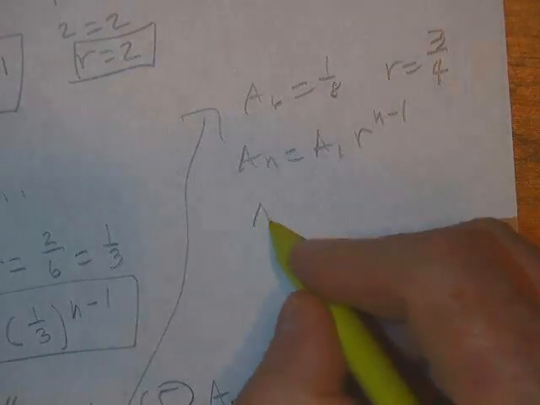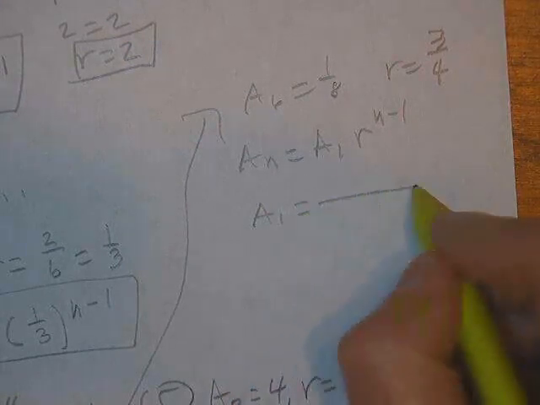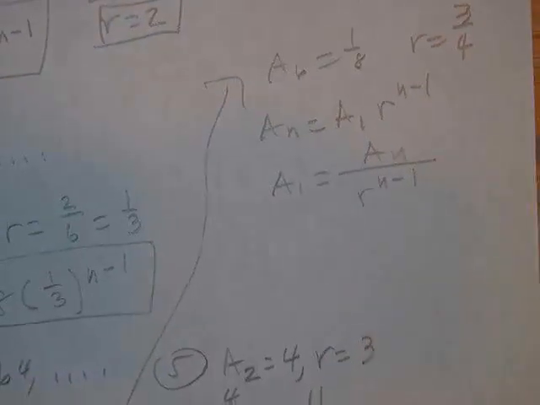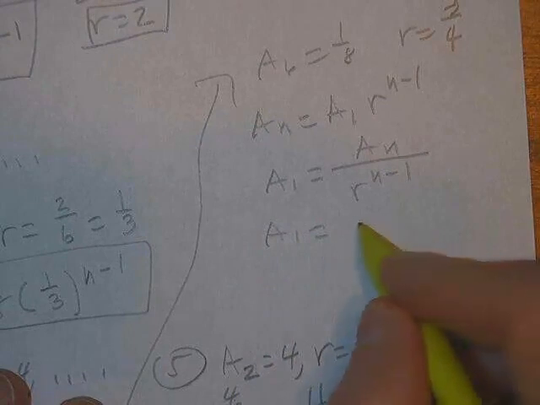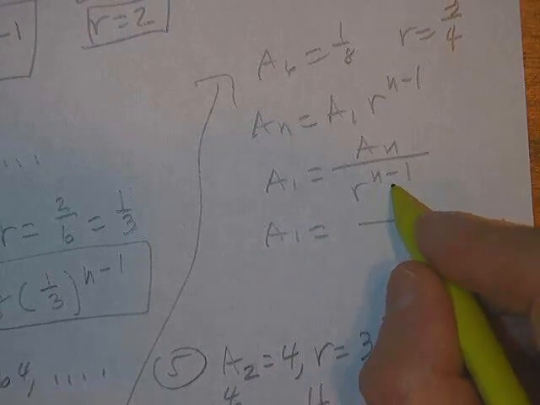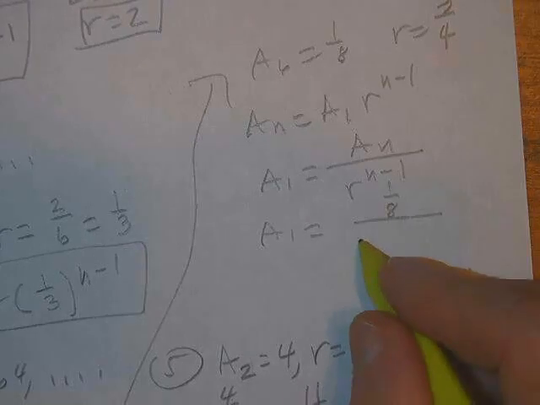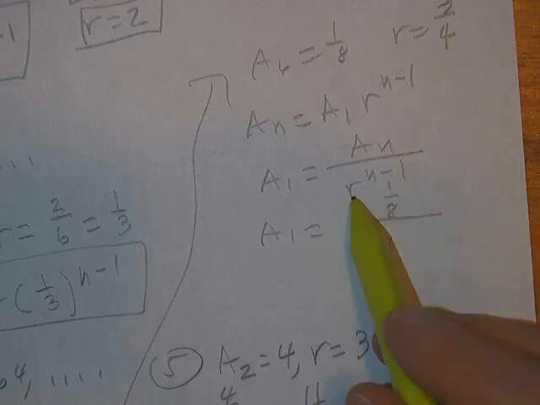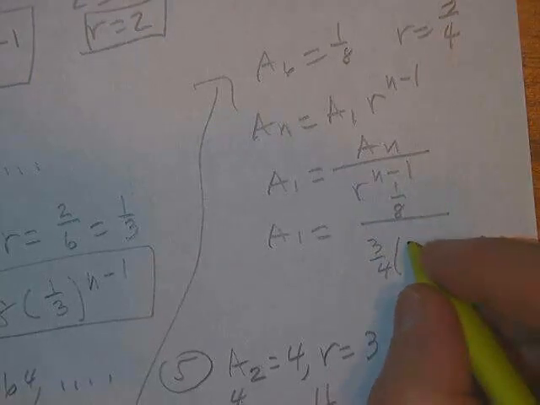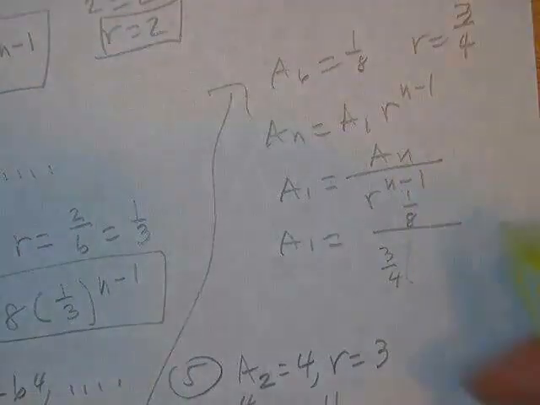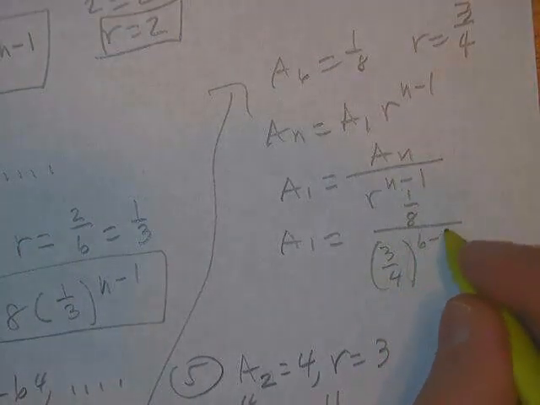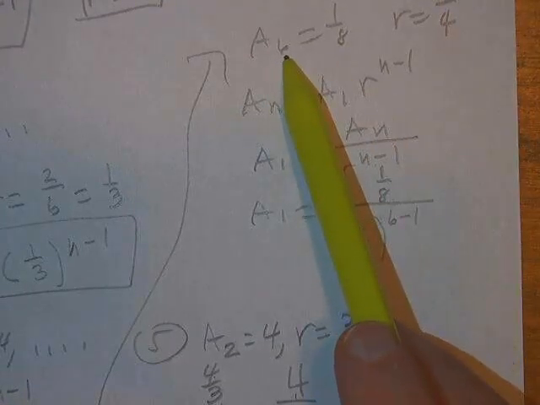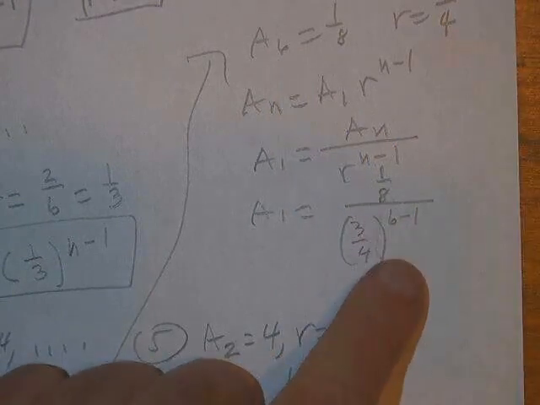So let's just use that formula. If you need the first term, find you a first term formula. So I want the first term. I know the nth term is an eighth. I know the common ratio is 3/4. And I know n is 6, because that's the 6th term. So let's calculate all of this.